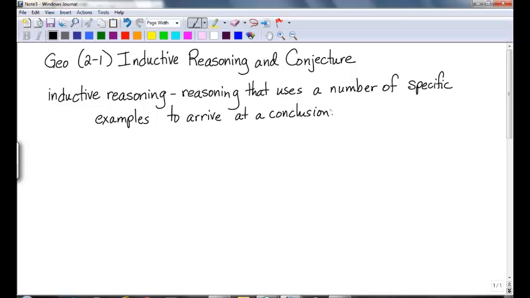Reasoning that uses a number of specific examples to arrive at a conclusion. Okay, and I'm going to go through some examples here in a minute. But that's how this author defines inductive reasoning.